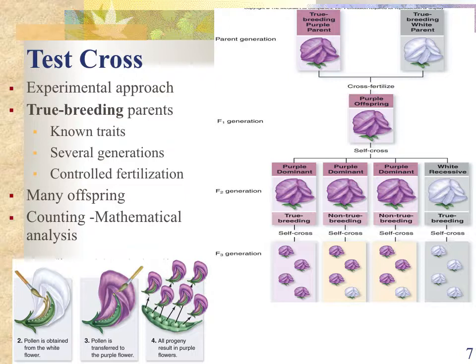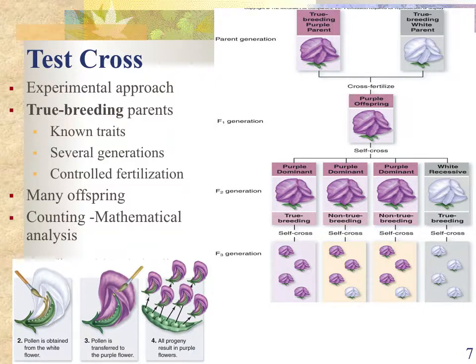And so he produced a mathematical picture of the offspring. And so the pattern you see here is very typical. He's looking at flower color, and he takes a true breeding purple parent and crosses it with a true breeding white parent. And he could do this because he knew the flower shape. He could pull out the flowers and fertilize them and then seal them.